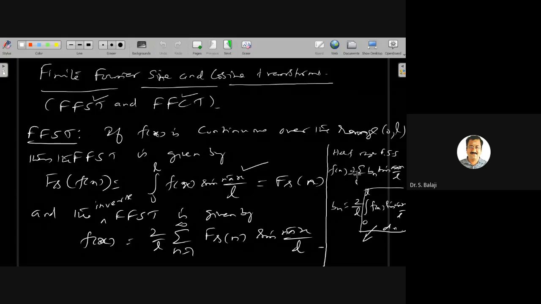If you want to identify f of x, the inverse, you removed the 2 by L from the integral.